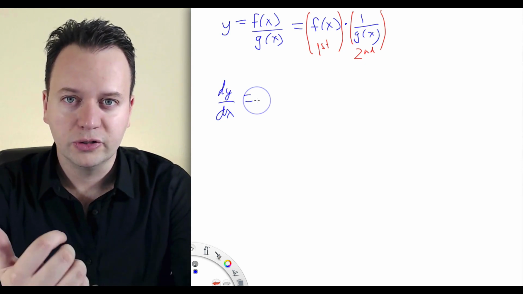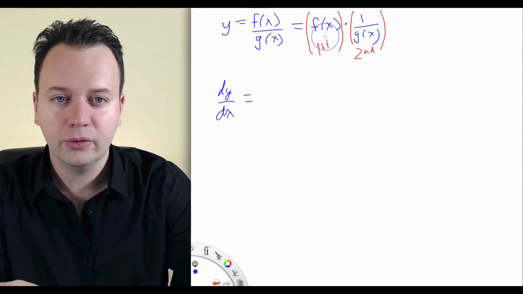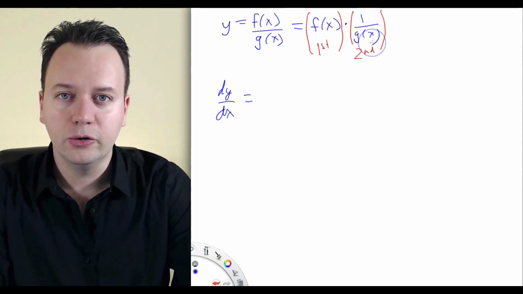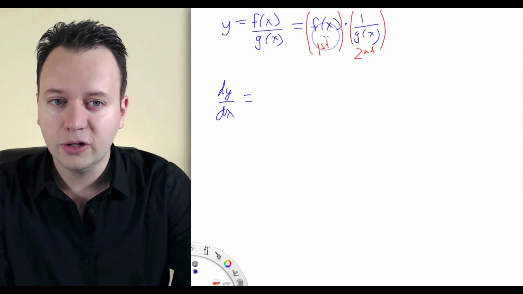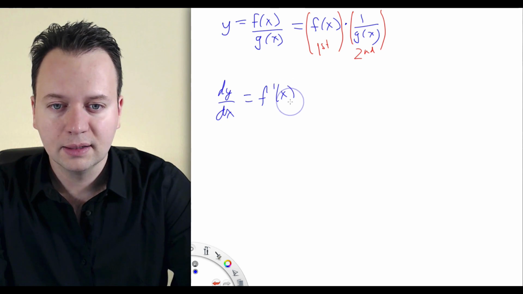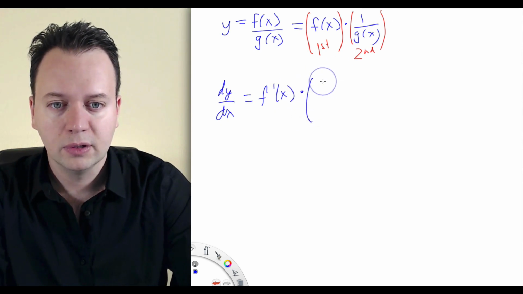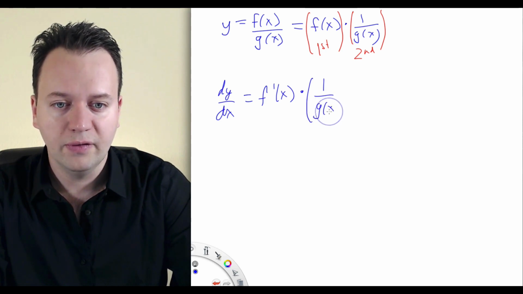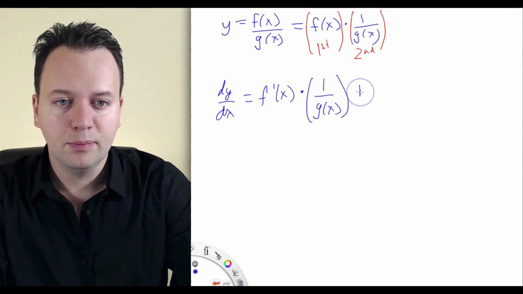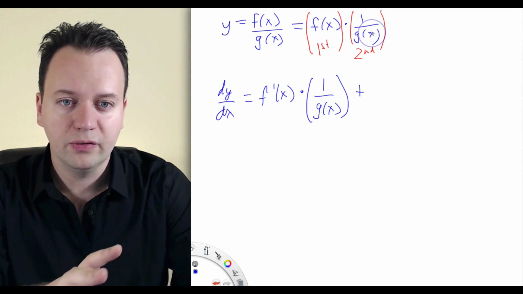So in one of the terms you take the derivative of the first factor, and in the other term you take the derivative of the second factor. So let's start with writing the derivative of the first factor. So this is going to be f prime of x, and then times the second component. So it's f prime of x times 1 over g of x. And then plus this one times the derivative of the other one.